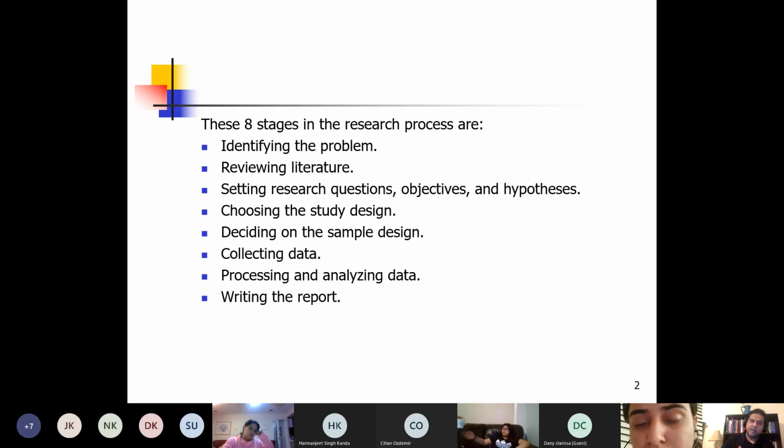In research, how are we designing? Designing the study means which tools I'm going to use in order to gather the data, and whether I'm going to use primary sources or secondary sources or both.